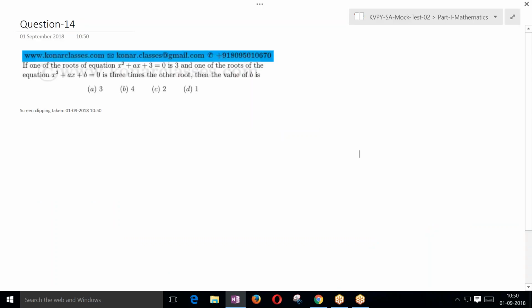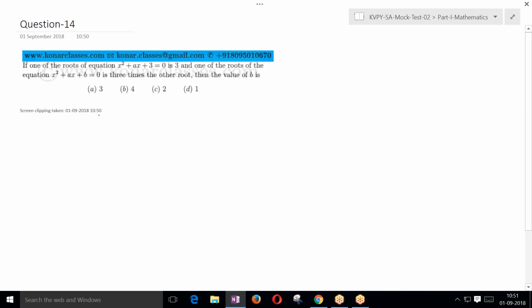So it says that if one of the roots of the equation x square plus ax plus 3 equal to 0 is 3, and one of the roots of the equation x square plus ax plus b equal to 0 is 3 times the other root, then what is the value of b?